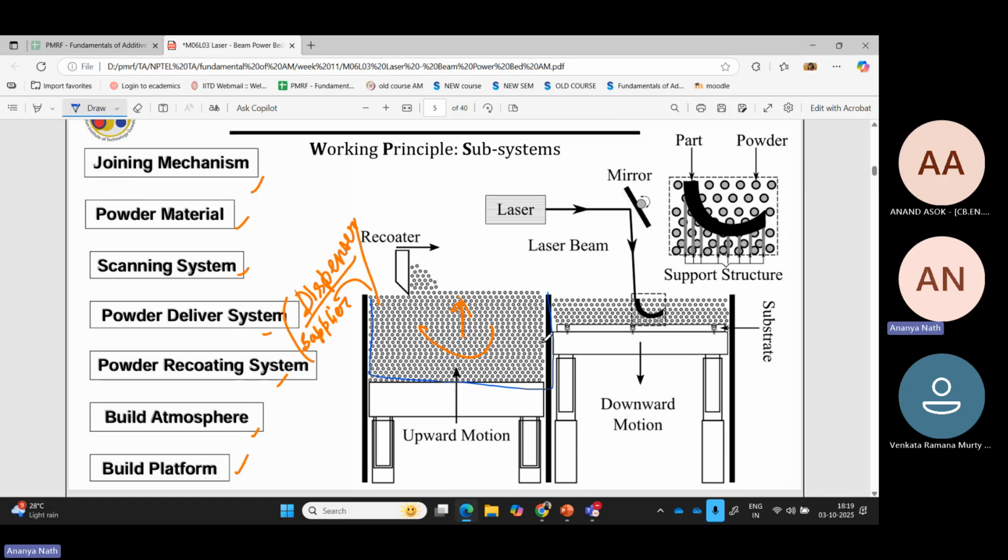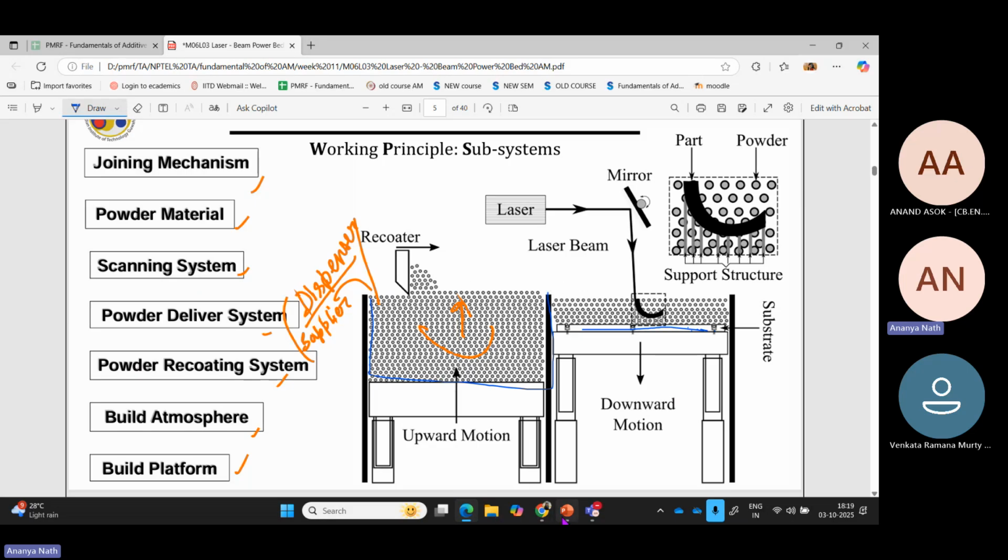After putting the powder, this is the build plate. This is my substrate. The substrate is mounted on a different CNC. Now the substrate goes down and this dispenser moves up. This recoater spreads that extra level of powder onto the build plate.